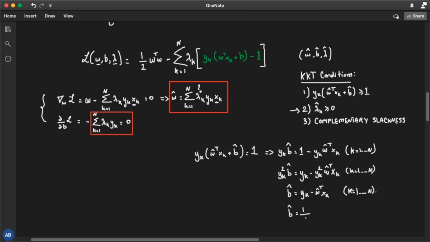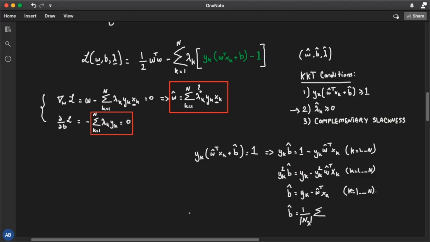So if we denote by n lambda the number of elements or training instances that correspond to a positive Lagrangian multiplier, we're going to average over all those terms. So let's call n lambda the set, and this is the cardinality.